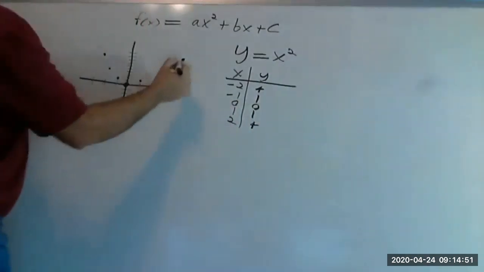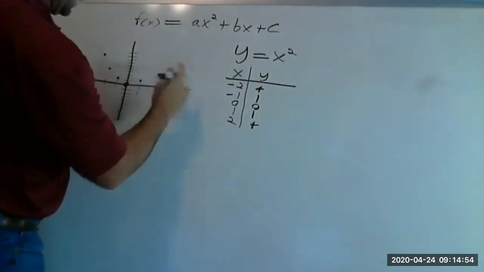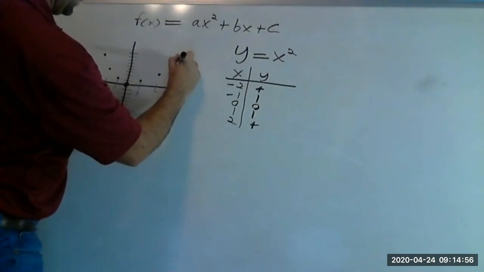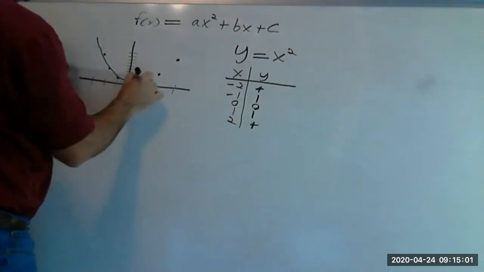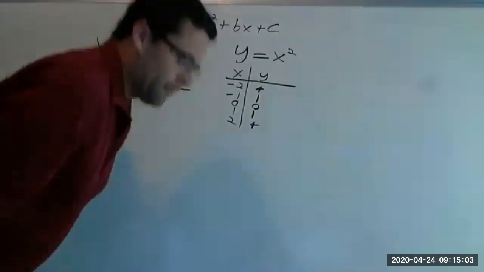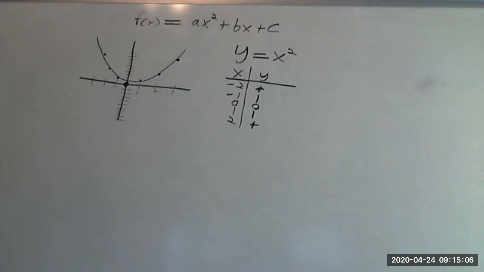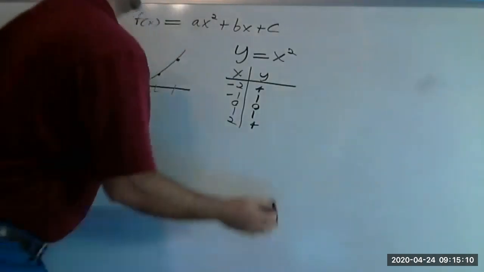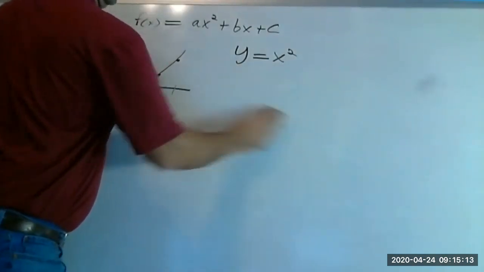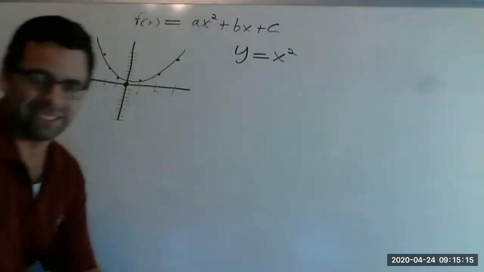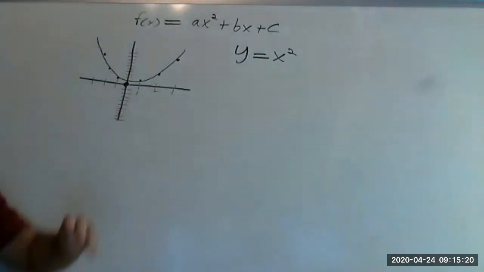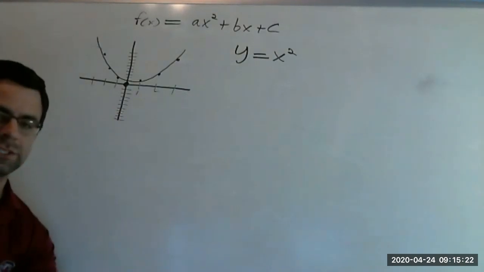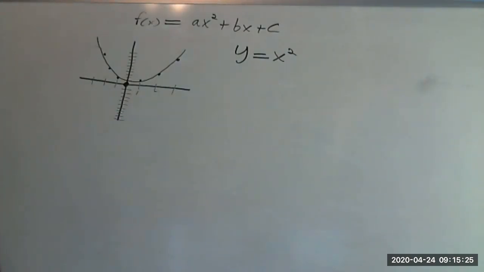Obviously, my graph isn't very symmetric, so my bad. This is the parent function. We have a different form of a quadratic that is called the standard form, and it's all about doing transformations of that function.